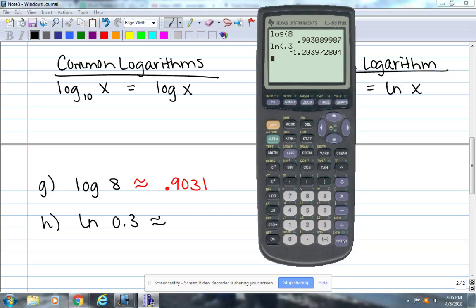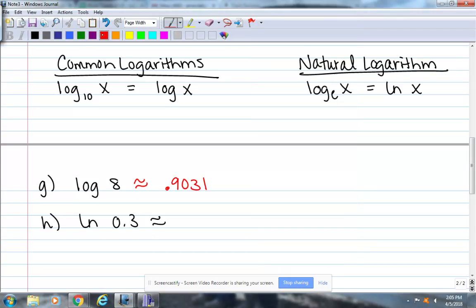2040? Yeah, 2040. Negative 1.204. Yeah, I put squiggles. We squiggle because we're approximating. So what's my base for this one? E. We practiced doing E yesterday, didn't we? The second ln. If we hit second ln, I'm going to do it here so y'all can see it.